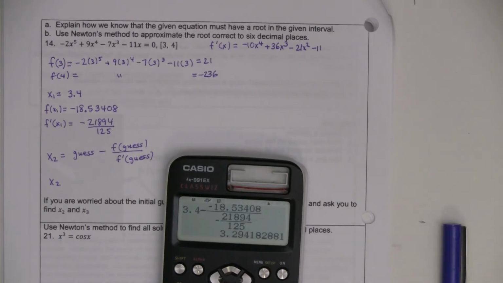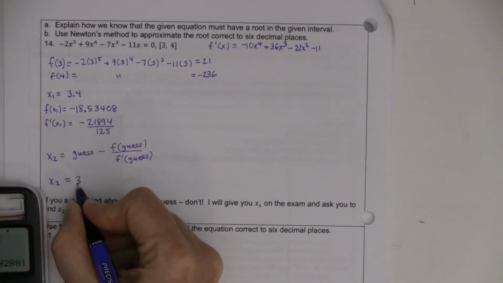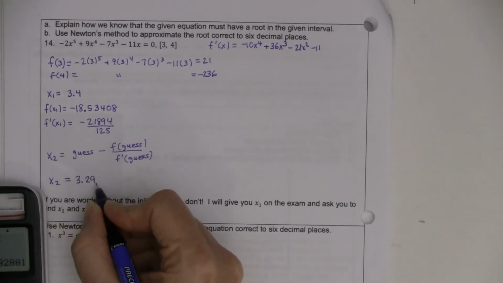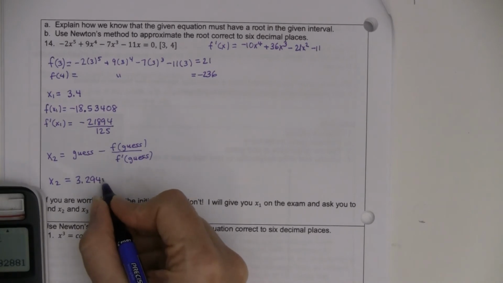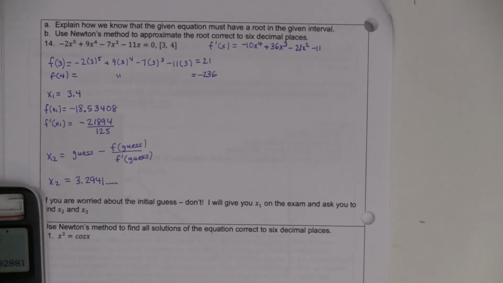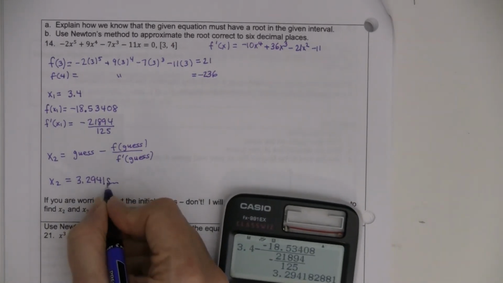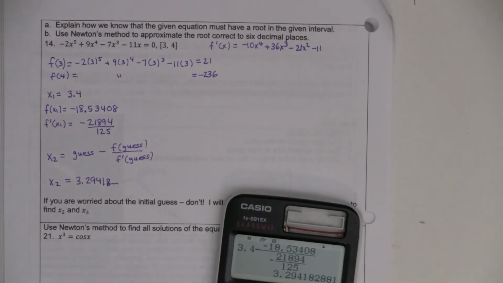So this gives us our next guess of 3.294, and you don't want to round, it goes on. I'm just putting dot, dot, dot because we'll figure it out on our calculator. In fact, the next number is an 8, so if I'm going to stop writing, I should at least stop at a place where I'm not introducing rounding error.